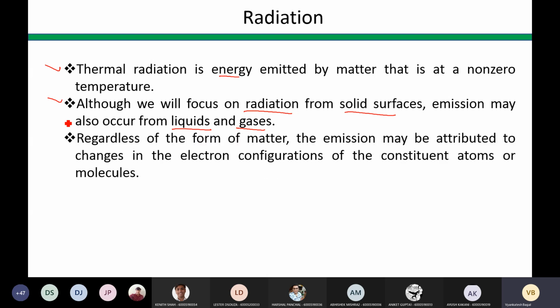Now next point, regardless of the form of matter, whether it is solid, liquid or gas, the emission may be attributed to changes in the electron configurations of the constituent atoms or molecules. So the configuration of the material matters a lot when you talk about emission.